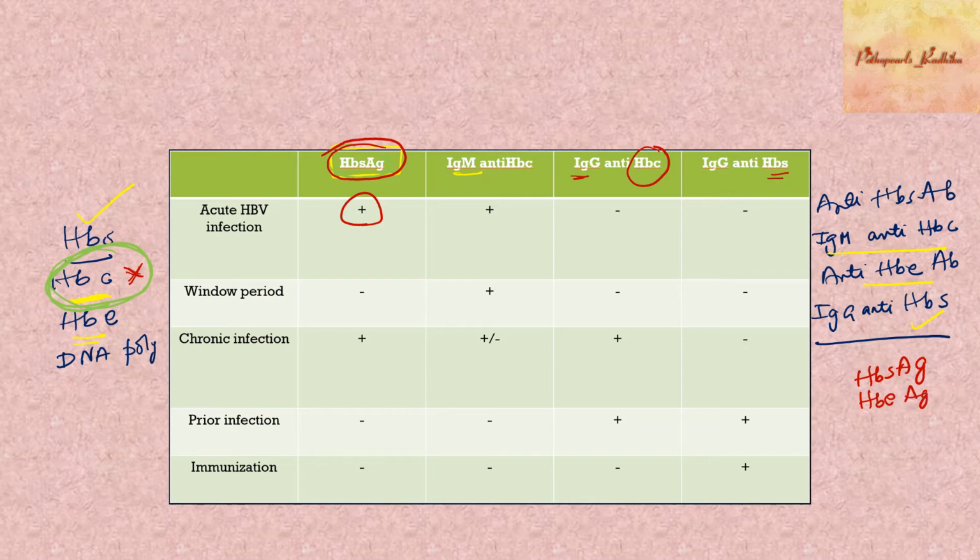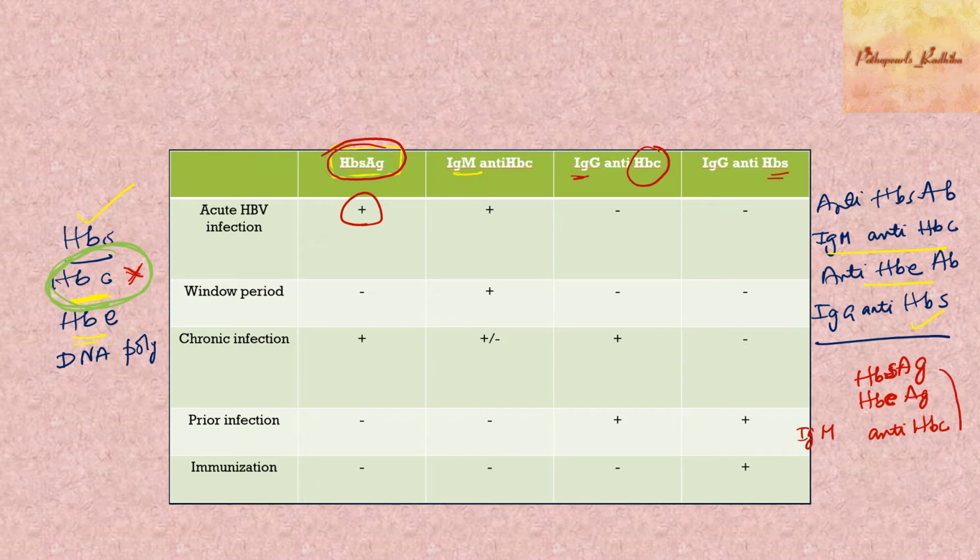Okay, so the order of appearance of antigen and antibody is just the reverse. Your surface antigen appears first, then your pre-core antigen appears. But when you take the antibody, the first antibody to be formed is anti-HBc, which is of IgM type, right? Remember, core antigen doesn't appear, but core antibody will appear in your blood.